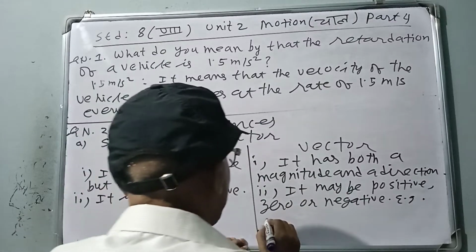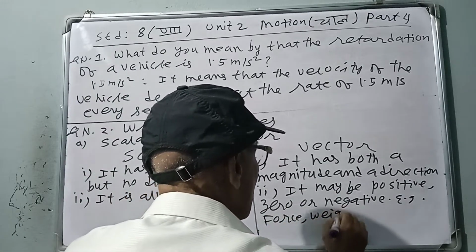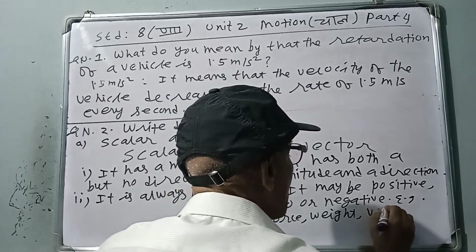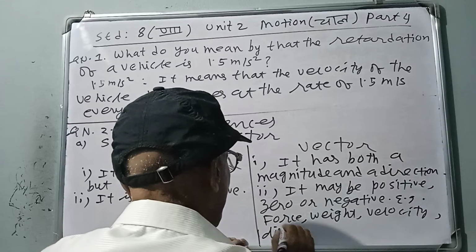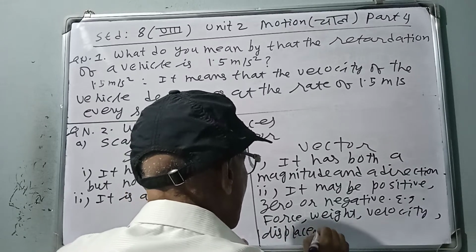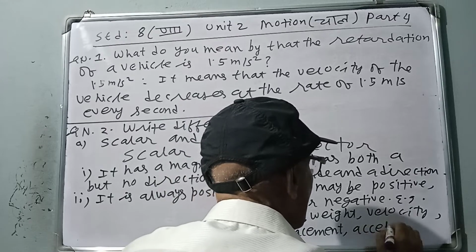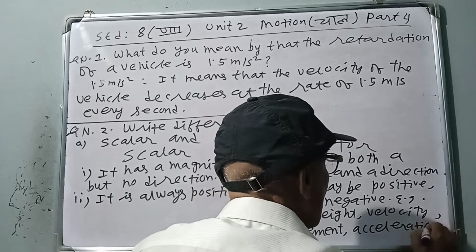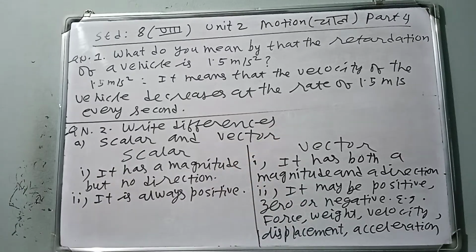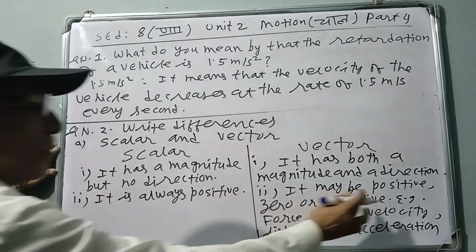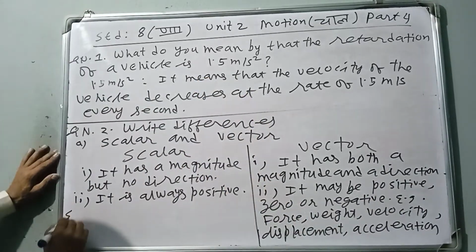Examples of vector quantity: force, weight, velocity, displacement, acceleration. Magnetic field intensity is also a vector quantity. It may be positive, sometimes zero or negative.